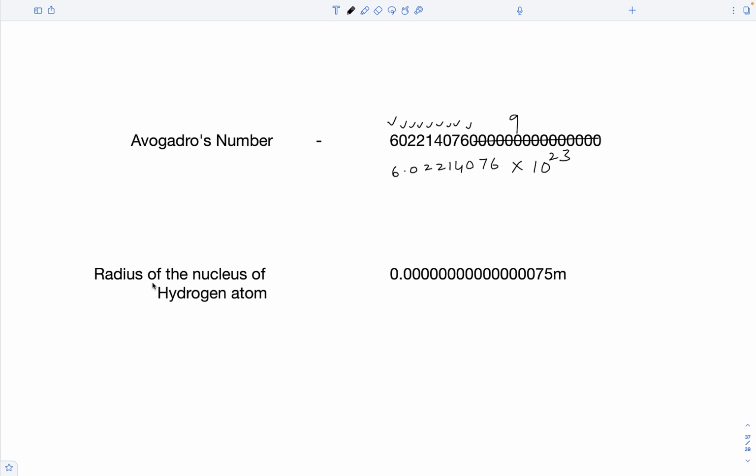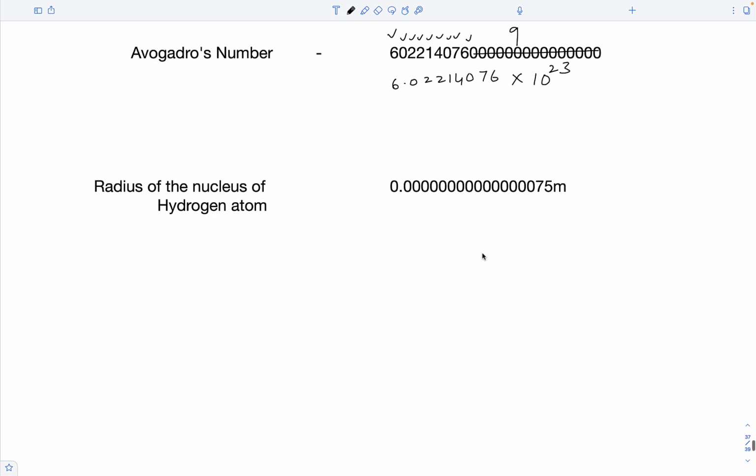And this is the radius of the nucleus of hydrogen atom, approximately. And this can be written as 7.5 multiplied with 10 to the power of minus 16 meters.